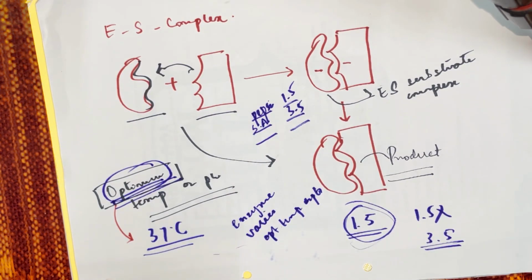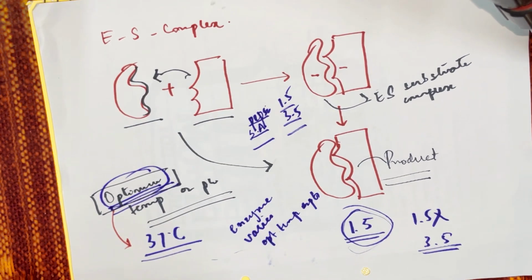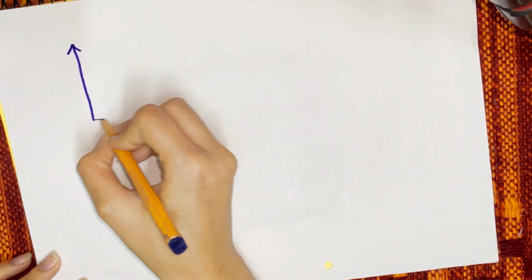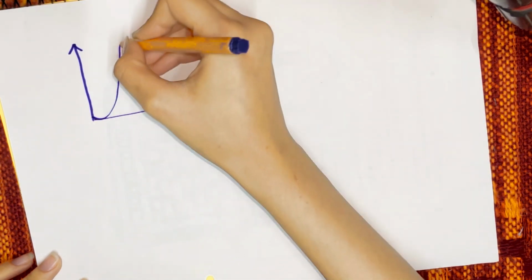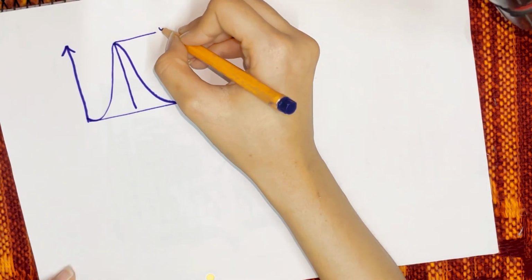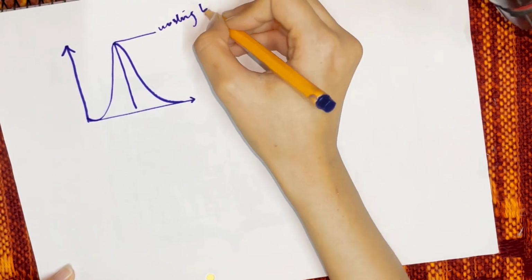Let's discuss the optimum temperature in detail. We can learn about it with the help of a graph. This is its highest point, and by the highest point it means it is working best at this point.